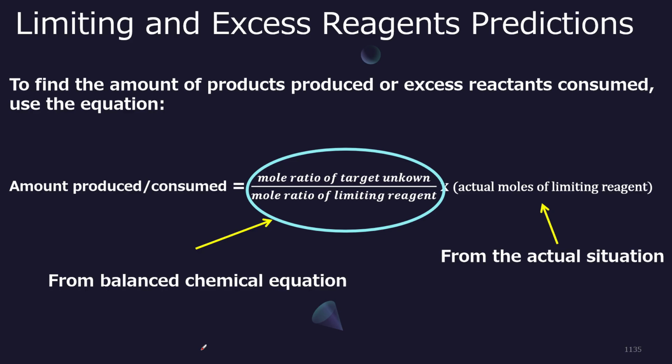Then you multiply, this is a multiply sign, by the actual moles of limiting reagent, which will be from your actual situation. The mole ratios are independent of what anyone's doing in the lab. They physically tell you how these atoms will collide and react. So you get everything on the left from your balanced chemical equation. But on the right side, you multiply by the actual moles of your limiting reagent that someone's working with.